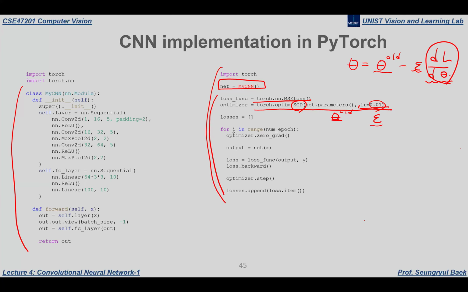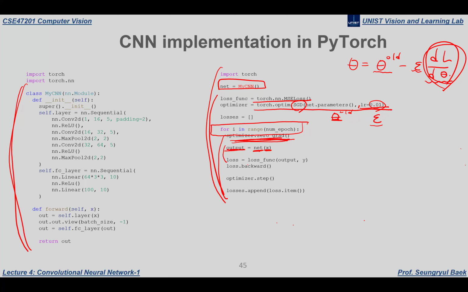Using this for loop, we first initialize the gradient as 0. Then we do the feed forwarding, inputting the image X to the net we defined here, and it outputs a 10-dimensional vector, which is the class probability. At the initial stage, because the net architecture has random parameters, this output is random.